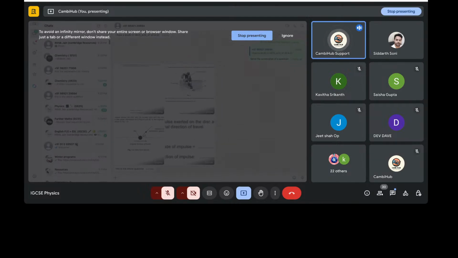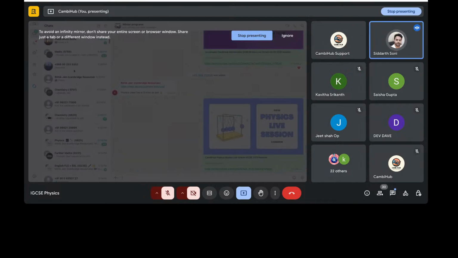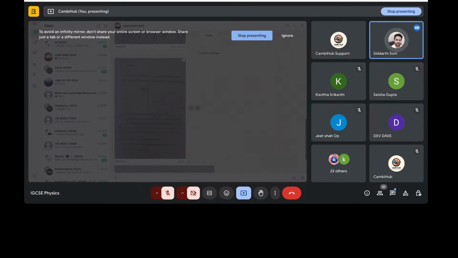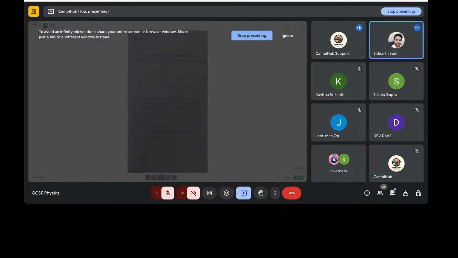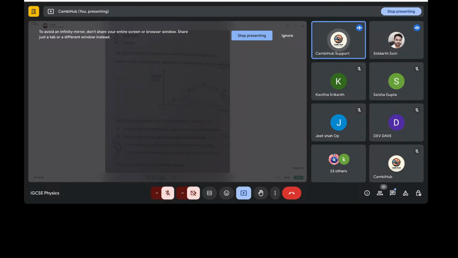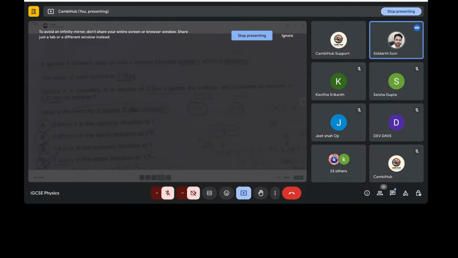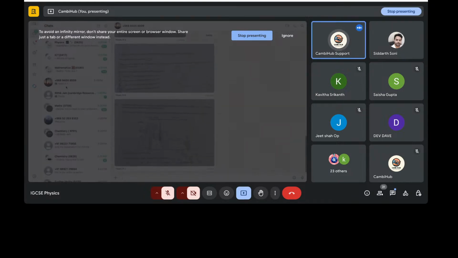I think we can skip the ones which are out of syllabus. For these questions, if you still want me to solve them, just put it in the group. As and when I get time, I'll go through it. I'll just open my photos and get all of them here. We also have a few more. Select two and three, both. Attach image.